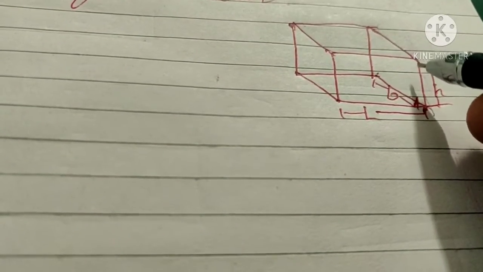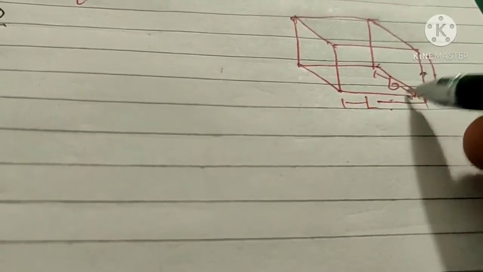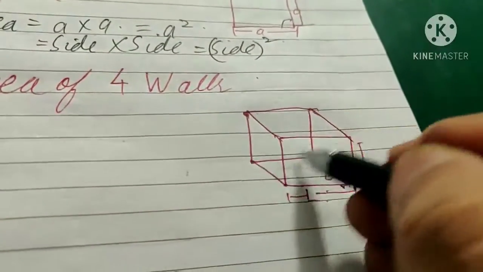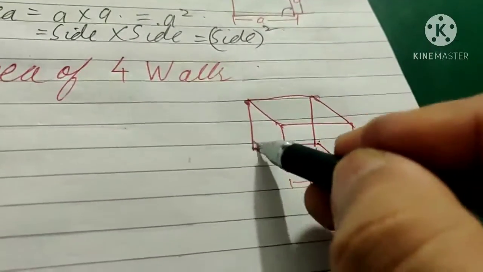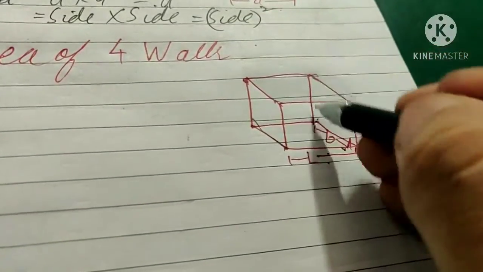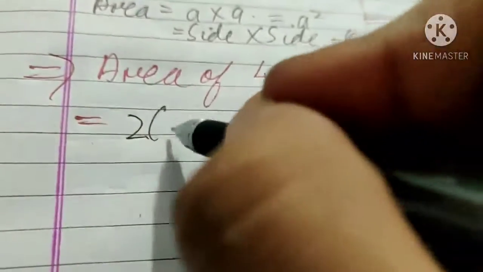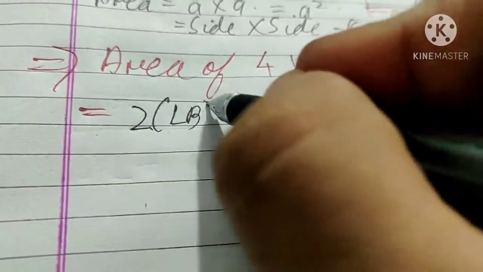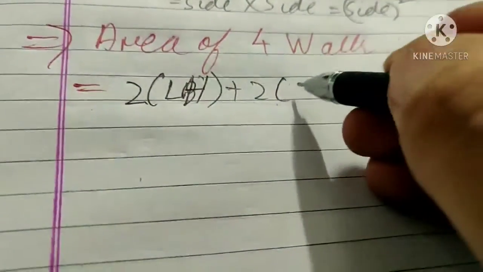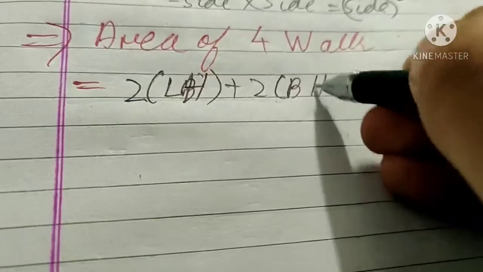So the back wall will also be length into height. The side wall is breadth into height. There are two side walls and two front and back walls.